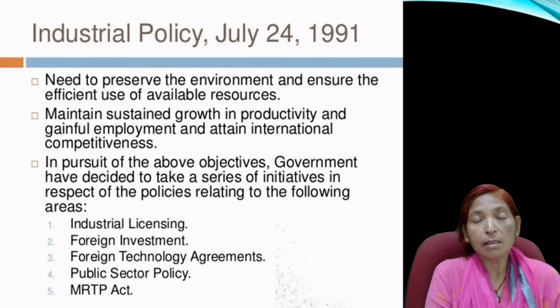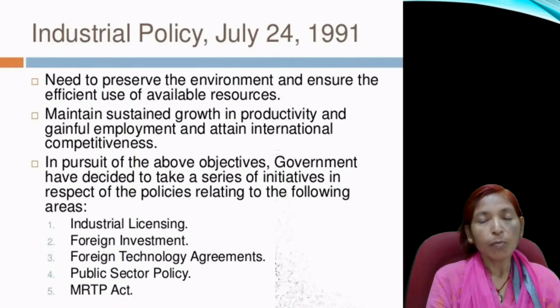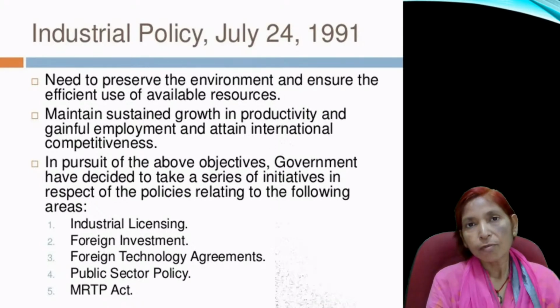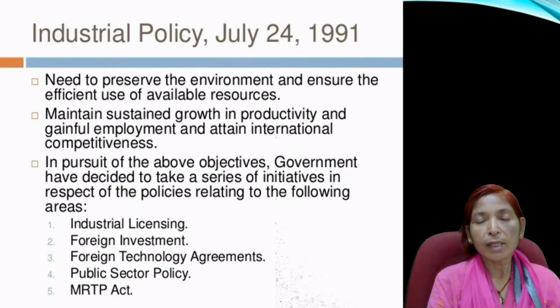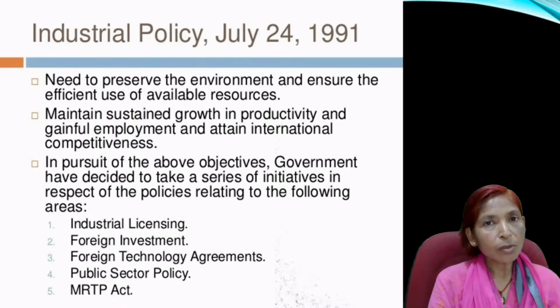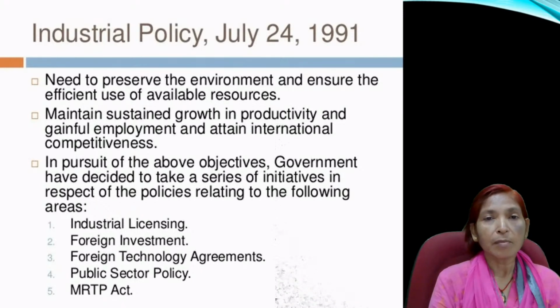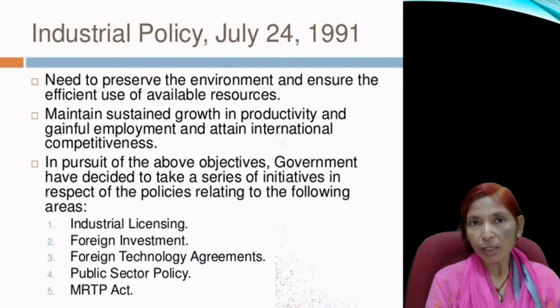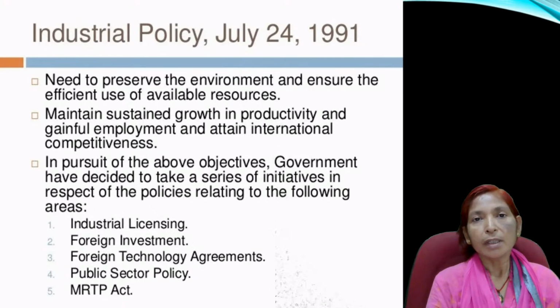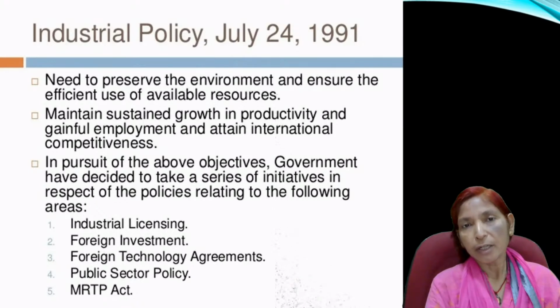It means government is at present providing a more liberal atmosphere and more liberal opportunities for enhancing industrial development. And in foreign technological agreements also, government provides concessions and technical assistance, some subsidies, and some imported technologies for the advancement of industrial development or technical upgradation.